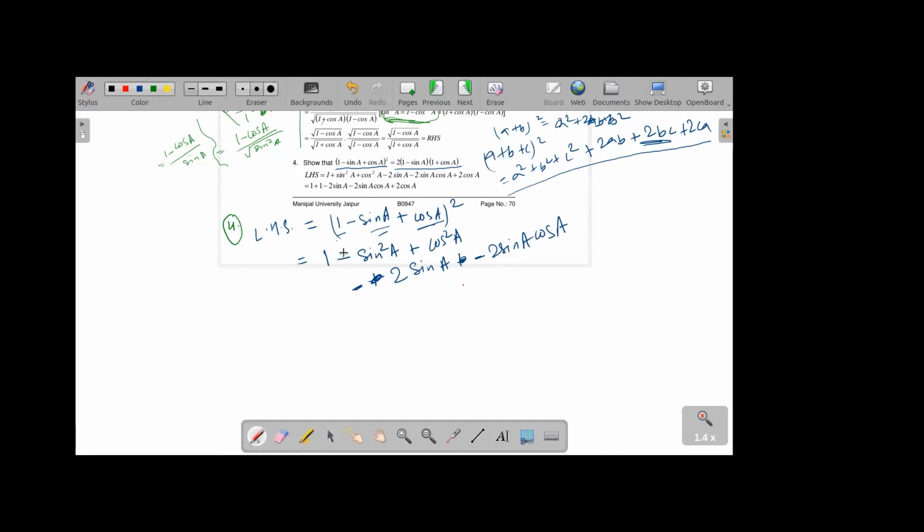Here it will also be plus, because this is a square plus b square plus c square. Whatever the sign, plus or minus, it will always be plus. A student asks: it's written minus, so why did you change it into plus?